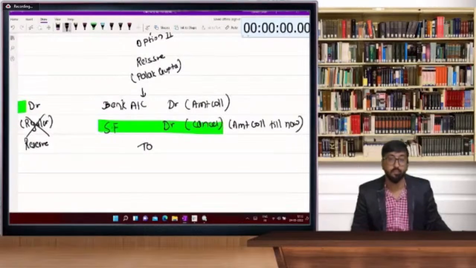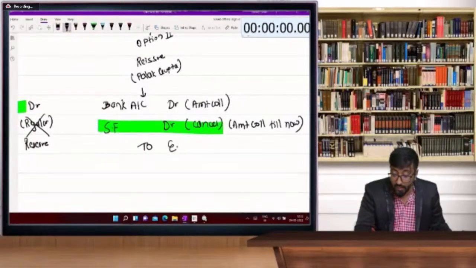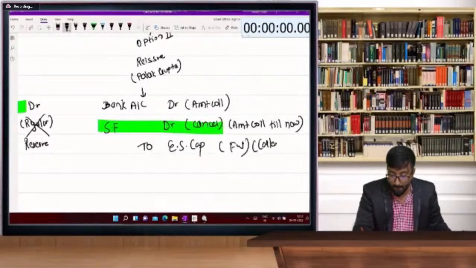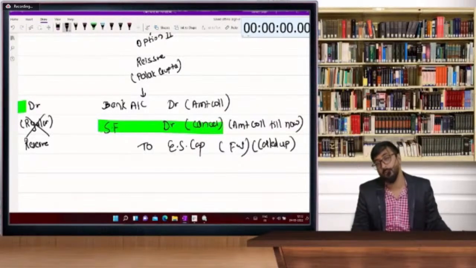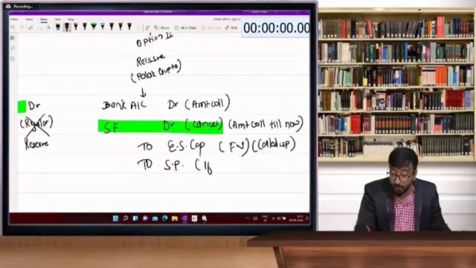To equity share capital. So this is the face value or called up amount. To security premium, if more than face value. Very, very important, na beta.